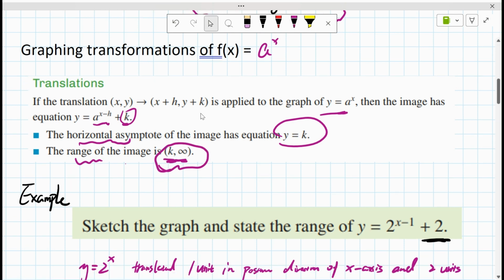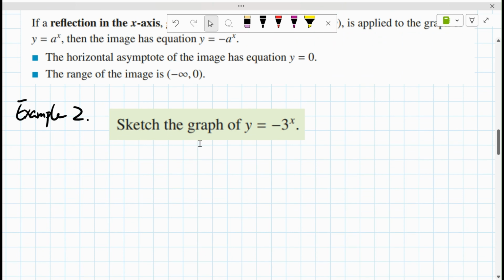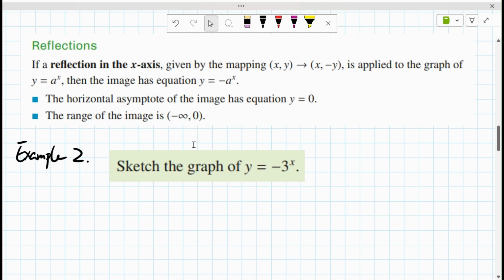Okay. Perfect. And reflection is actually going to the opposite. You flip over the x-axis, the horizontal asymptote, and you will see the difference.